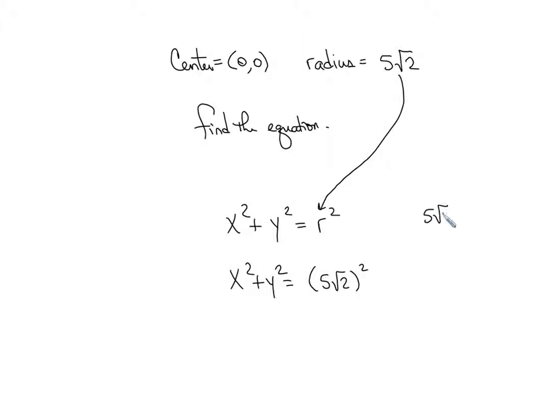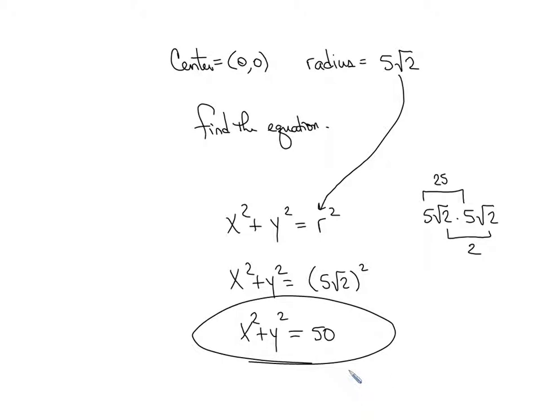We have to do 5 square root of 2 times 5 square root of 2. What's 5 times 5 on the outside? 25. What's the square root of 2 times the square root of 2? 2. And what's 25 times 2? 50. So x squared plus y squared equals 50. There's our equation. So do you guys see how easy that is?